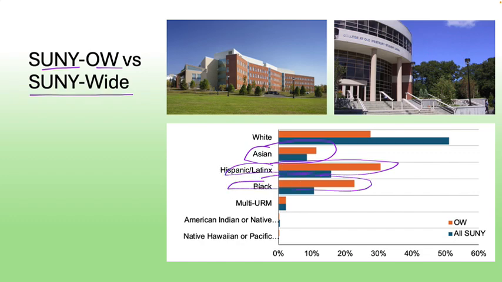More than 50% of our student demographics are underrepresented minorities, and not shown here, but a majority of our students do receive some form of financial aid, and many are actually first to college. So our student population is actually very unique.